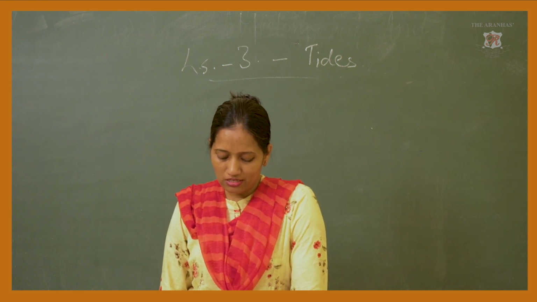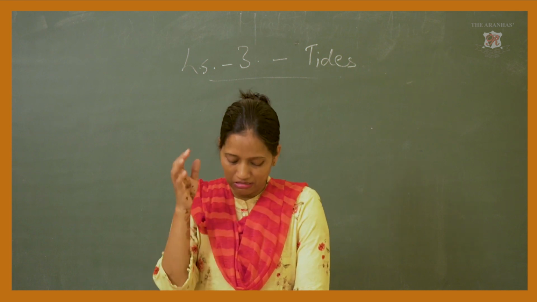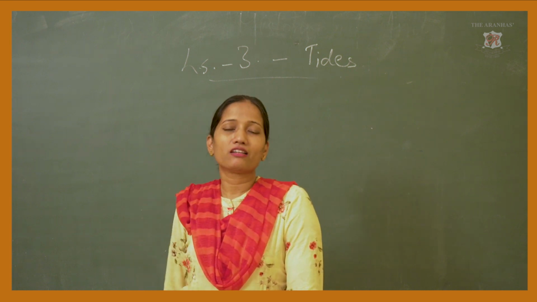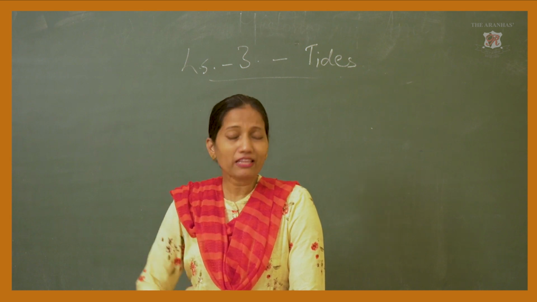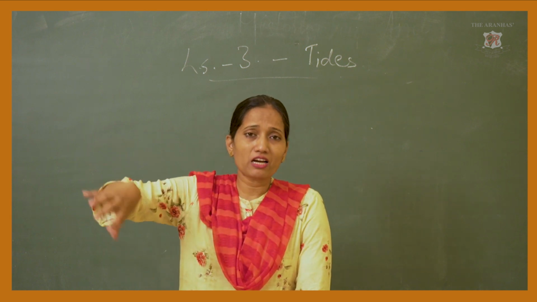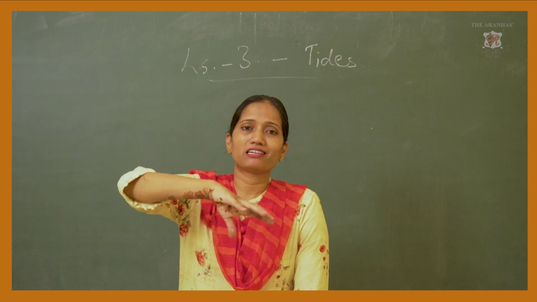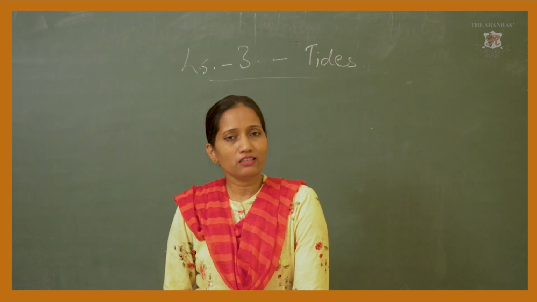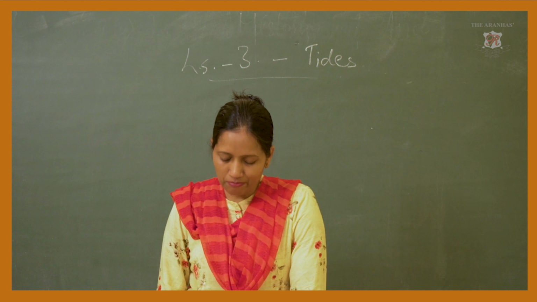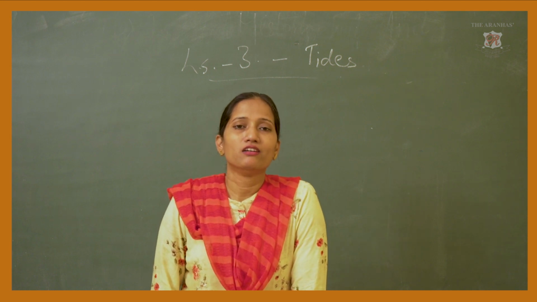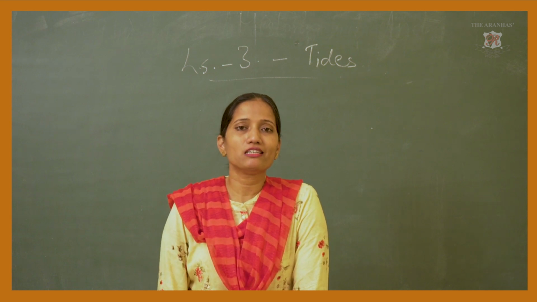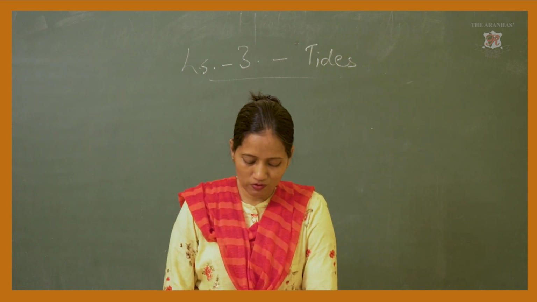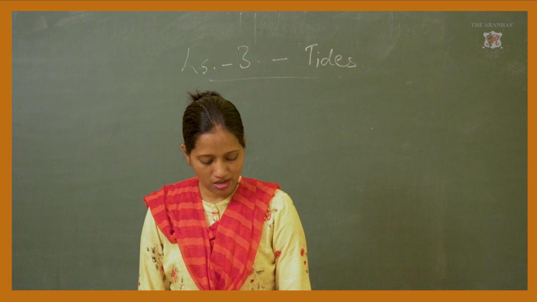And neap tide is because the pull of the earth and the moon, while revolving around the earth, makes a right angle, it causes a neap tide, and in these days the force or the tide of the water is low. It is lower than the usual.